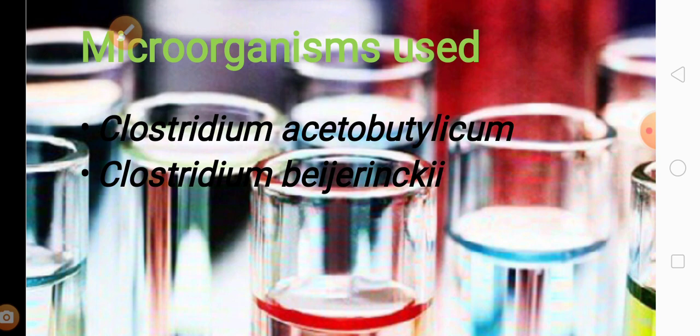We have studied during the production of ethanol that when yeast is used as the inoculum, a high concentration of ethanol inhibits the growth of yeast, which directly affects the quantity of ethanol that is produced.